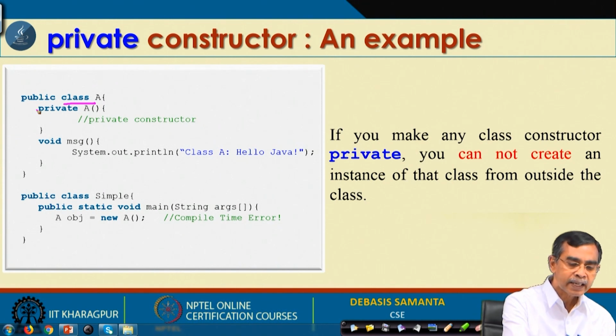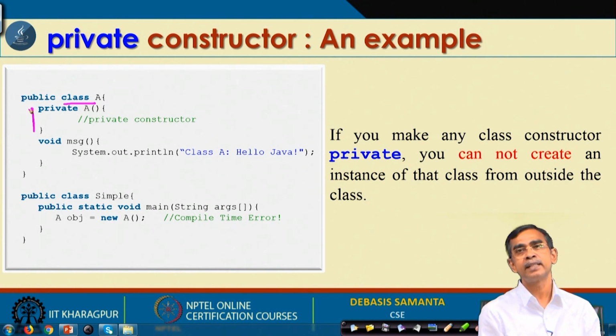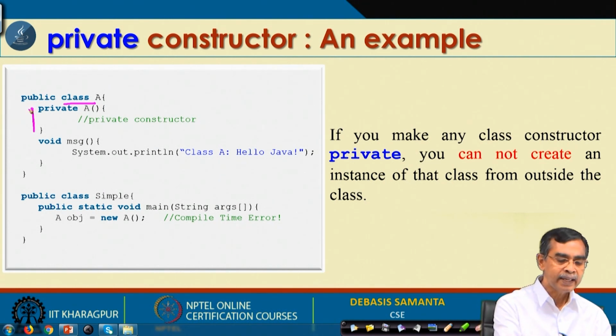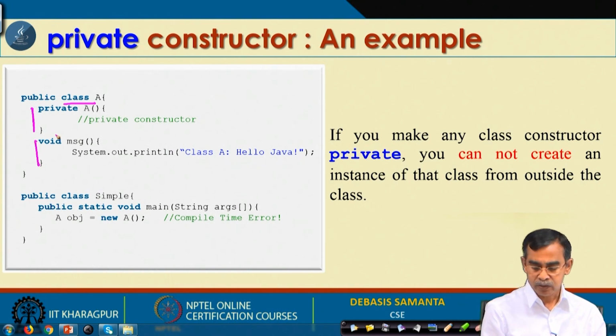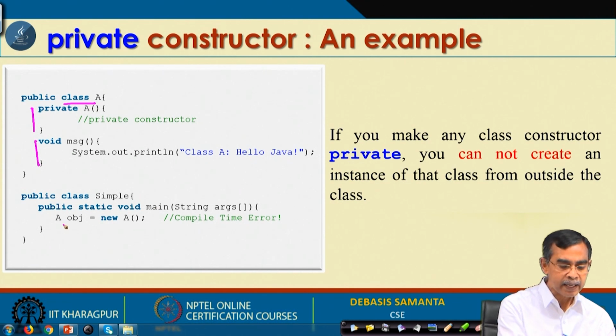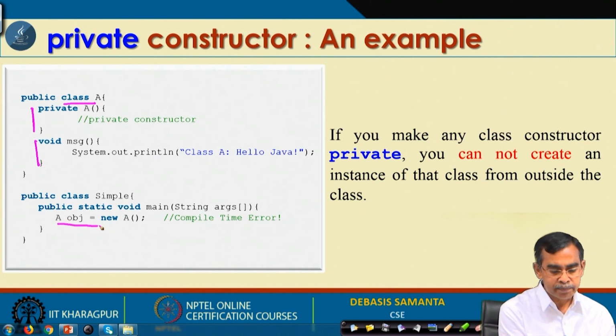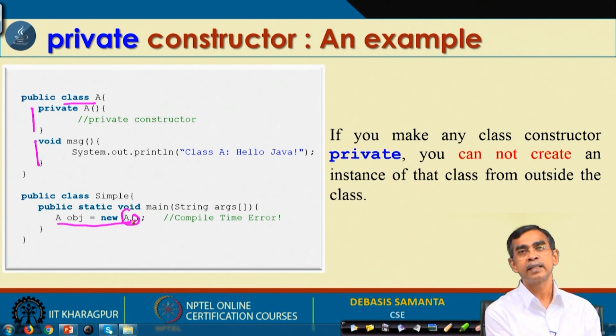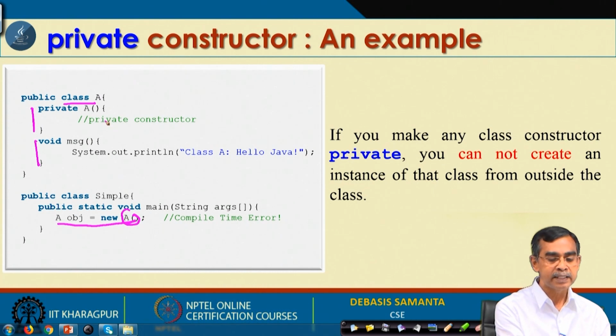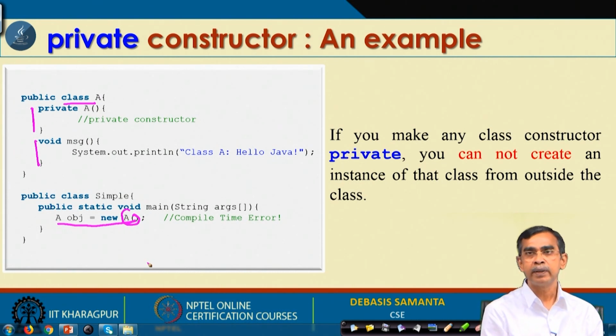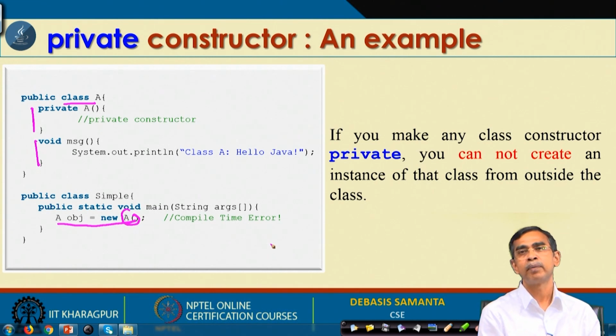However, here the constructor is declared as private, and this method by default is a public method because it belongs to a public class. Whenever we create an object, the constructor will be called. As it is private, it cannot be executed from anywhere, so this will lead to a compilation error.